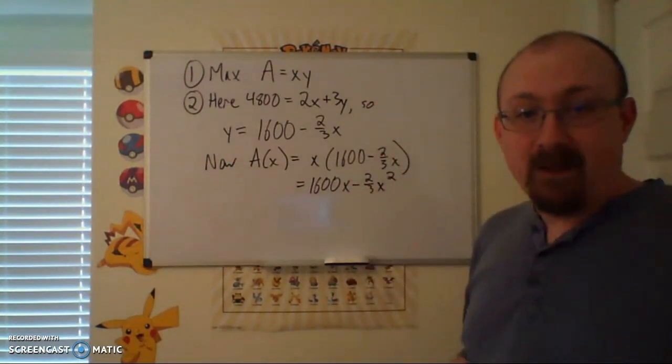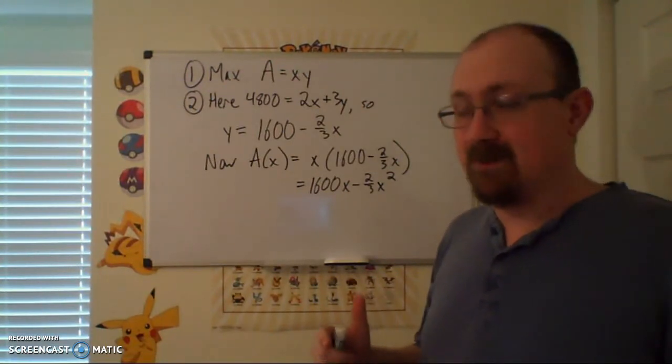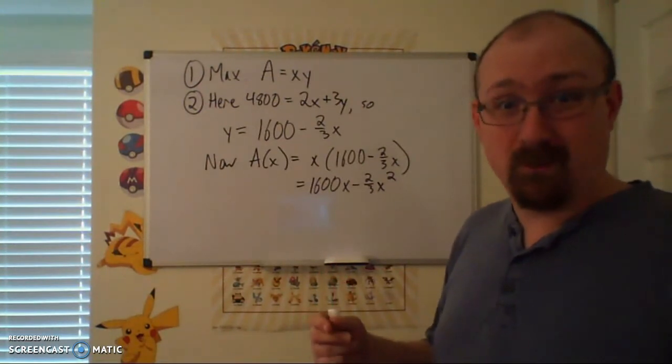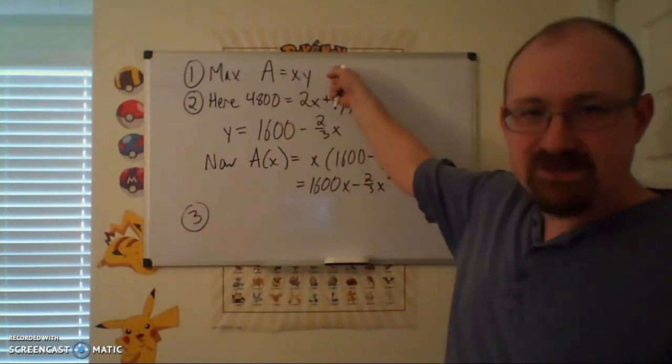So our objective function looks like 1,600x minus 2/3 x squared. So it's a quadratic polynomial, one of our favorite things that, if we need to take a derivative to work with. So step one, we had our objective function.